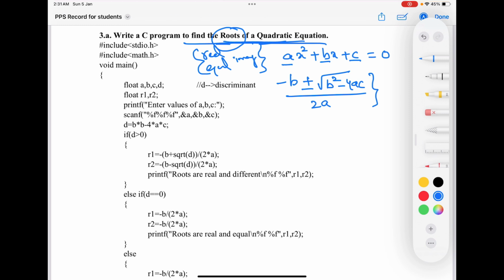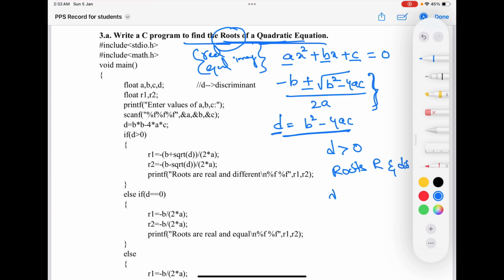To find these roots, we have this formula. Now we'll take the discriminant value from this equation. D is the discriminant, and this discriminant value is b square minus 4ac. If the discriminant is greater than 0, we say roots are real and different.